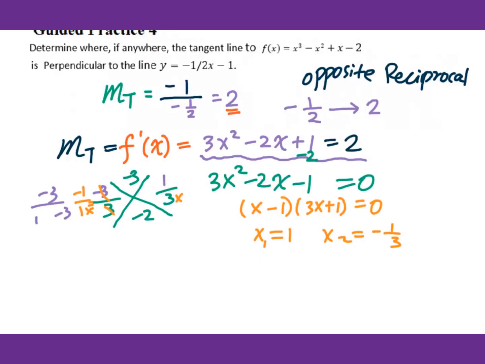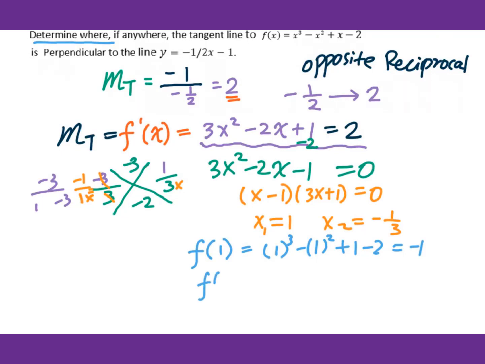When you check back the problem, they said determine where, so we need the coordinates of the points. f of 1 equals 1 cubed minus 1 squared plus 1 minus 2 equals -1. For f of -1/3, we do (-1/3) cubed minus (-1/3) squared plus (-1/3), then minus 2.